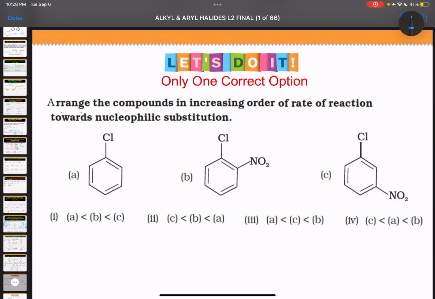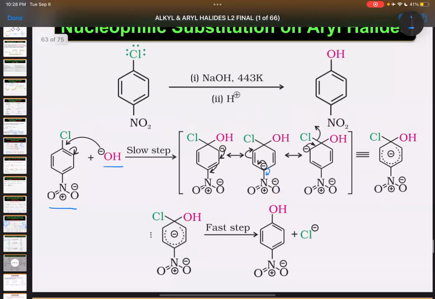Sir, the electron withdrawing group at ortho position will have greater effect, right, sir? Ortho and para, yes, it will have greater effect because the negative charge is passing through the ortho and para positions. So you need to have that group right at the ortho and para position so that it can get delocalized with the NO2 group.